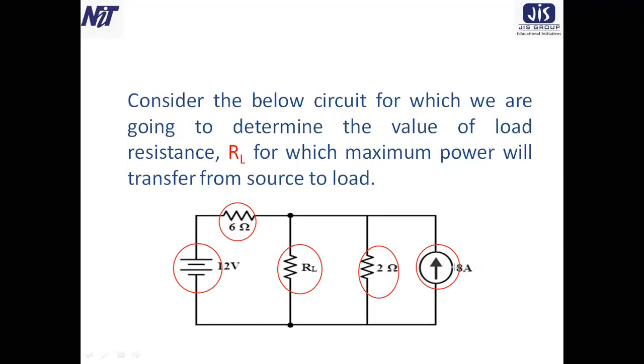So one voltage source, one current source, and 3 resistances are connected in the circuit. So consider the below circuit for which we are going to determine the value of load resistance RL. Our aim is to find this load resistance RL for which maximum power will transfer from the source to the load. So we have to find this RL.